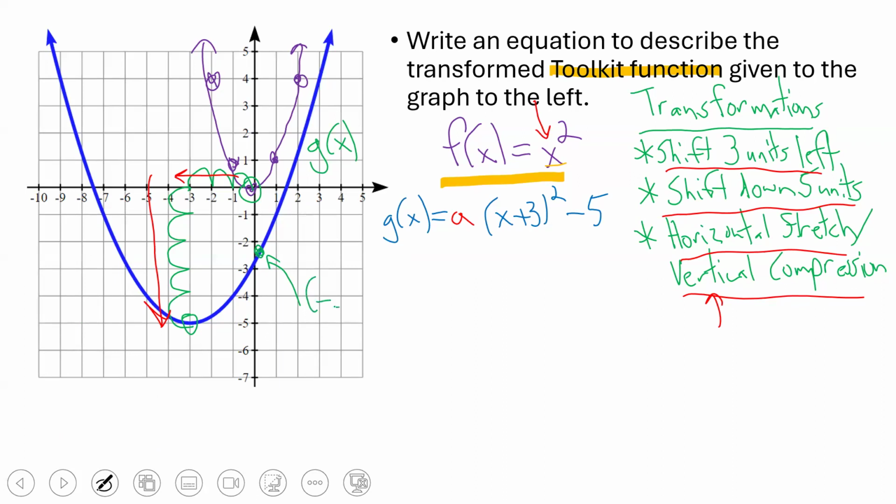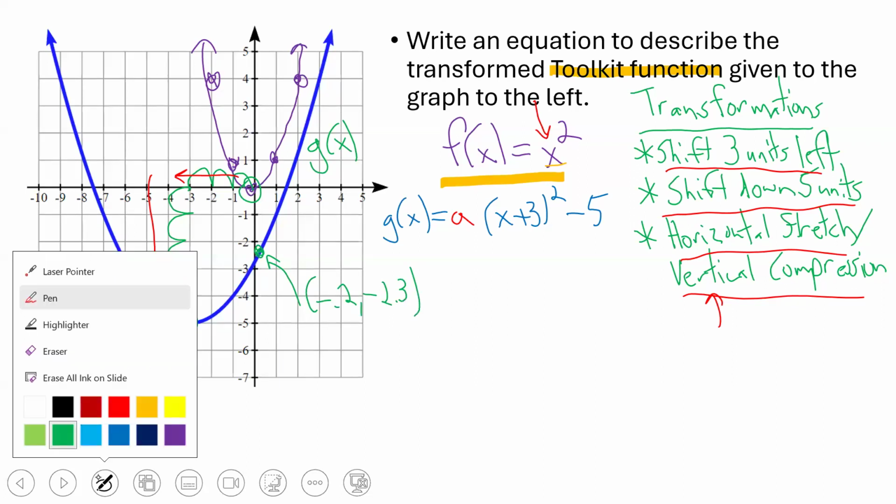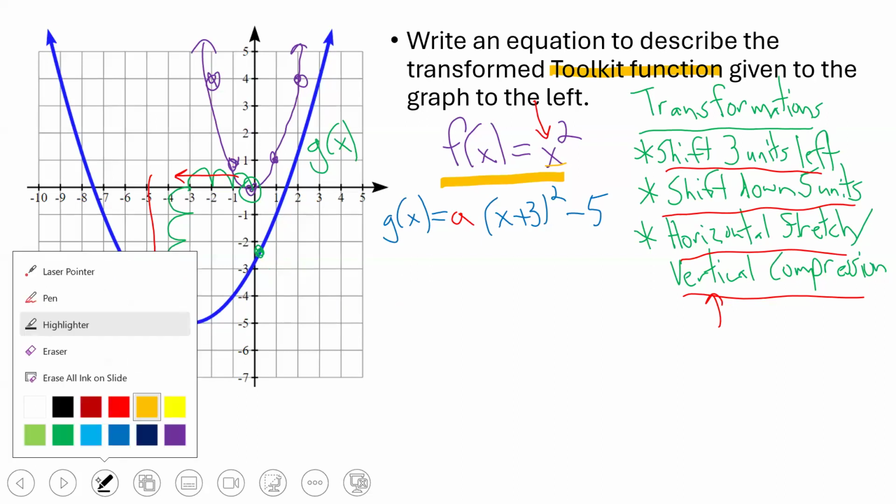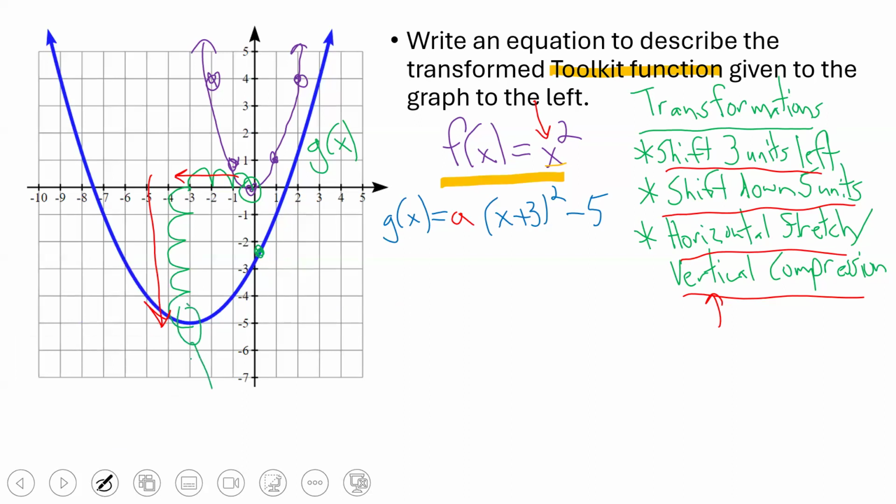It's just really difficult to tell, so we're not going to use that one. And we also cannot use this lowest point here, because we've already used that to determine how much it's shifted to the left and down. So we need to find a different point.